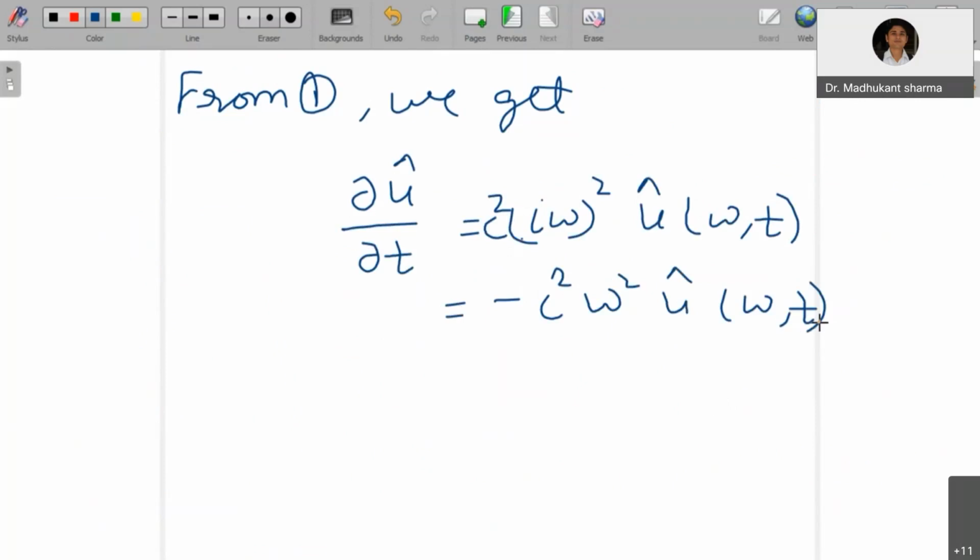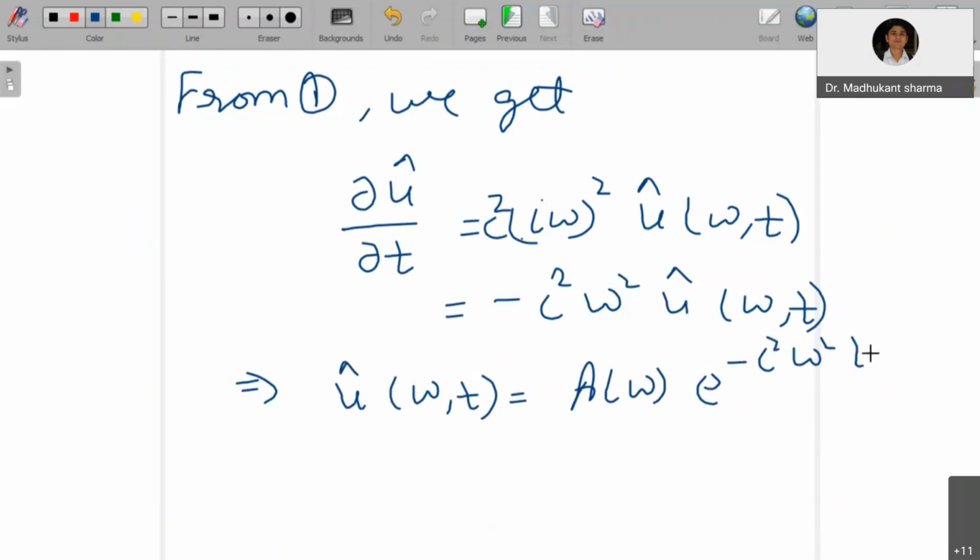Now this you can treat as a linear first order differential equation with respect to time. Okay, and you can certainly show that the solution of this, û(w, t), is equal to some A(w) times e to the power minus c^2 w^2 t.